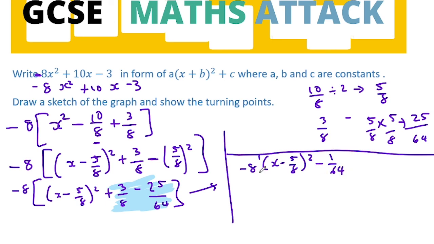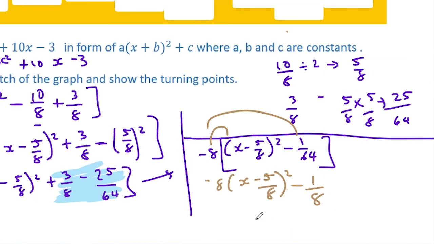Let me just place my big brackets over here. Now I'm going to expand this bracket, so you're left with minus 8 (x minus 5 over 8) squared, and I would times that by 8, which leaves you with minus 1 over 8. Okay, so that would be my answer. Actually, a minus and a minus give me a positive, so that will be a positive, and that would be my answer.